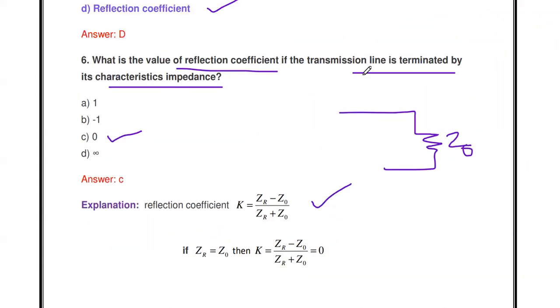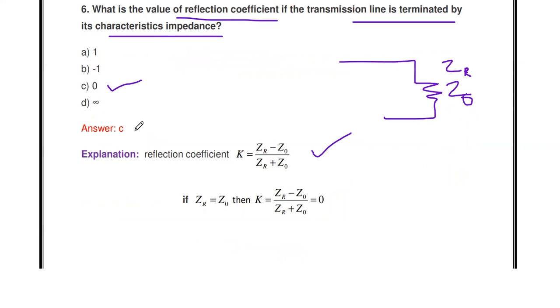The condition given is that the load impedance ZR equals Z0. Substitute: the numerator is 0, and 0 divided by anything is 0. So if the transmission line is terminated by the characteristic impedance, the reflection coefficient is 0. That means it is a matched transmission line.